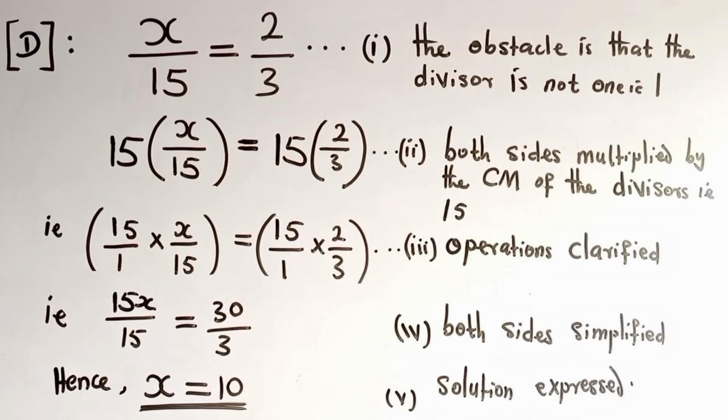Cross multiplication simply means that if you want to clear fractions from an equation, and that equation is a simple equation like this one here, all you should do is to say this times this is equal to this times this. With that, you get another equation that you solve further.